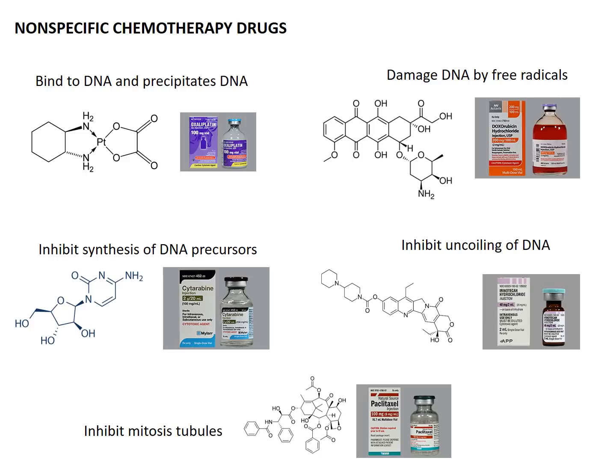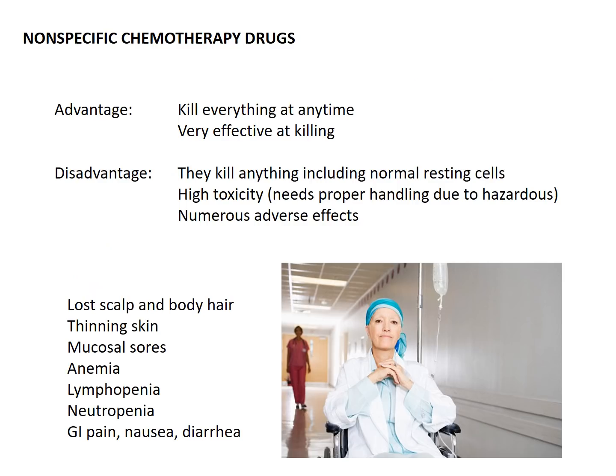Now, the damaging thing about these types of nonspecific chemotherapy is they're not specific for cancer. They get the rapidly dividing cells, so other rapidly dividing cells can be killed due to giving this type of chemotherapy. And again, if you're in oncology or if you're taking care of cancer patients to any degree, you see the complications of some of this non-specific chemotherapy.